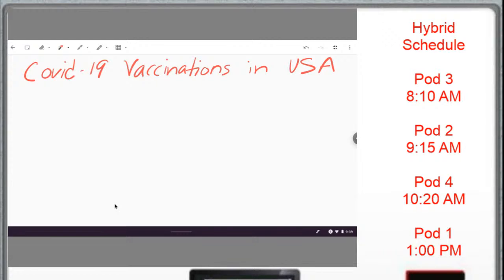Absolutely. And so currently right now there are 2 vaccines produced by BioNTech in Germany, Moderna in Boston, and now the third one, Johnson & Johnson.